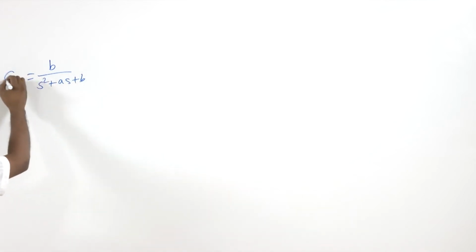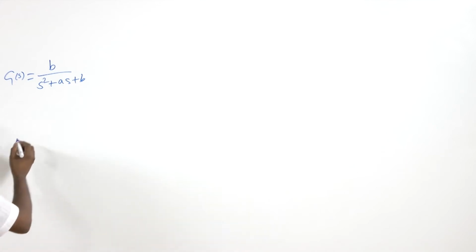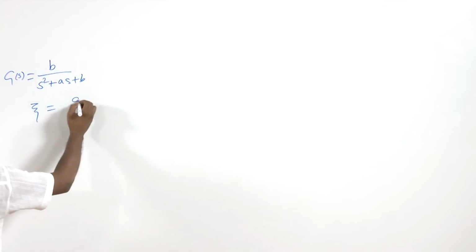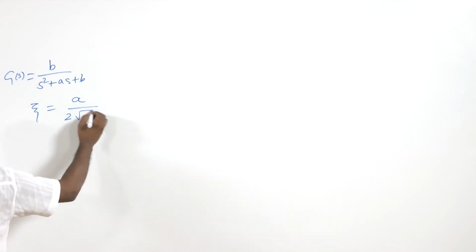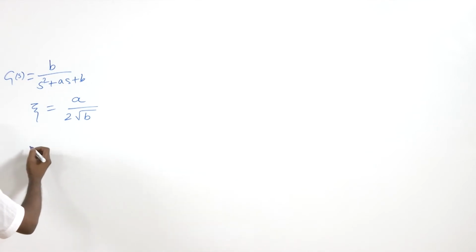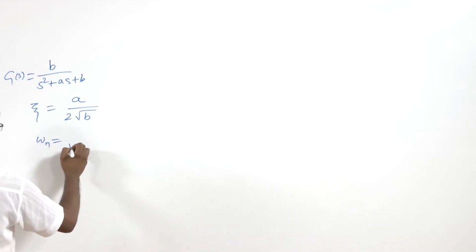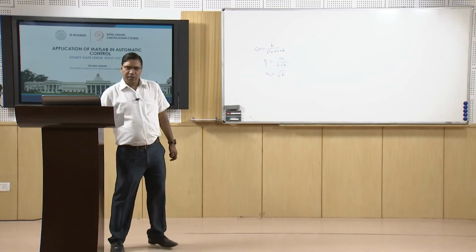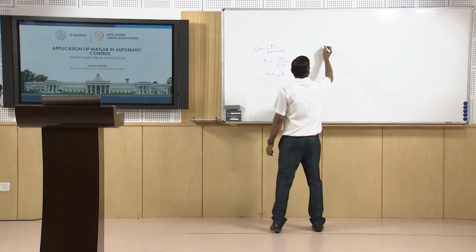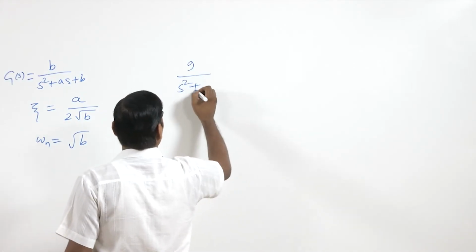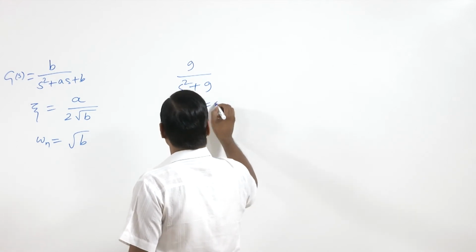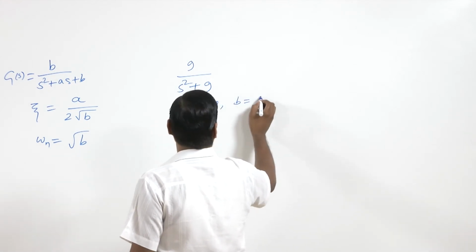This is our G(s). Our damping ratio is a by 2 root b, and omega is root b. So in the case 9 upon s square plus 9, we had a equal to 0 and b equal to 9.